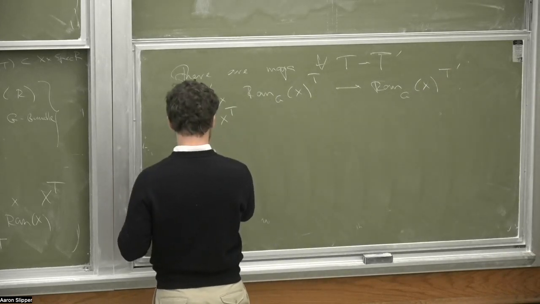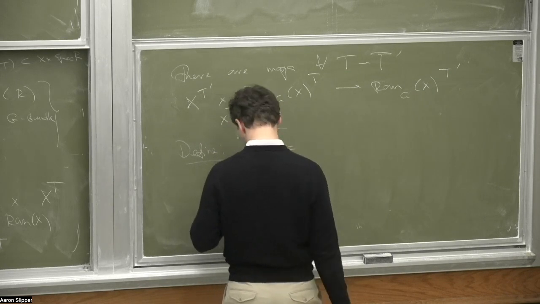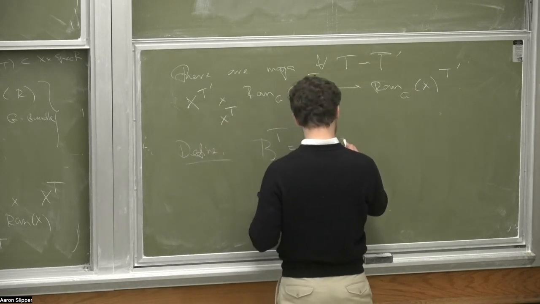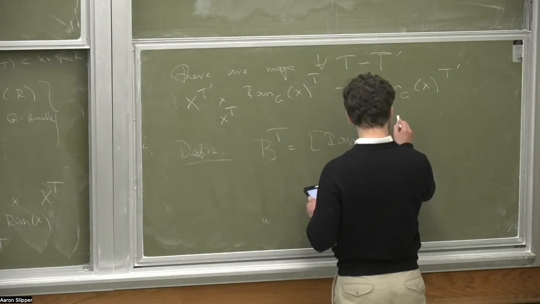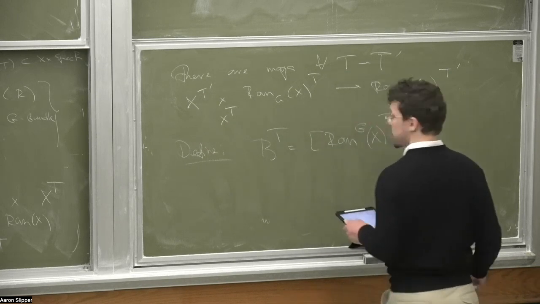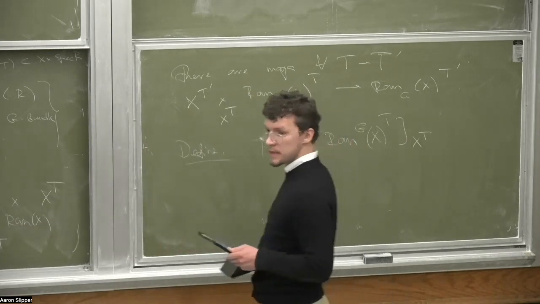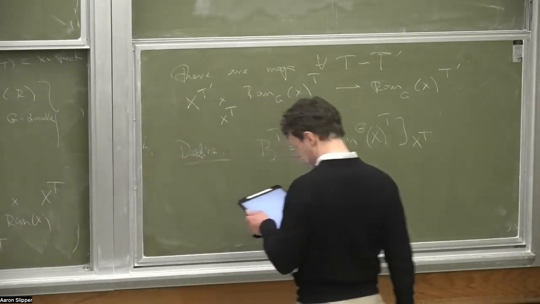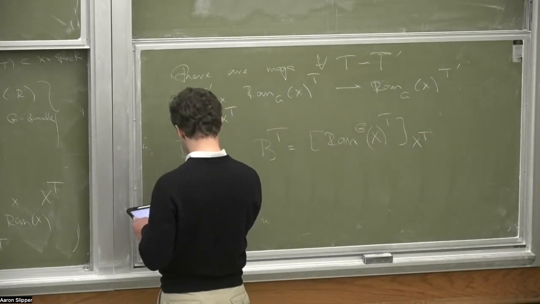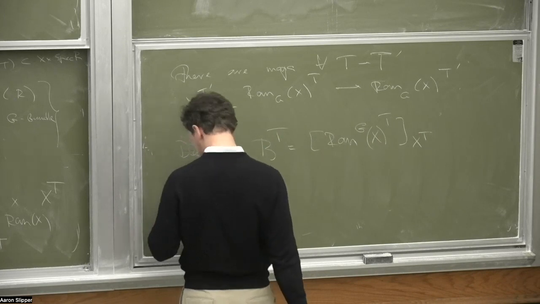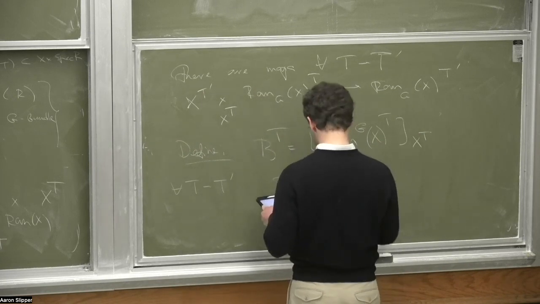So now I define T to be the square brackets of GX T over X to T, where the map is the projection. Right. Okay. So for any T prime, there are natural maps.